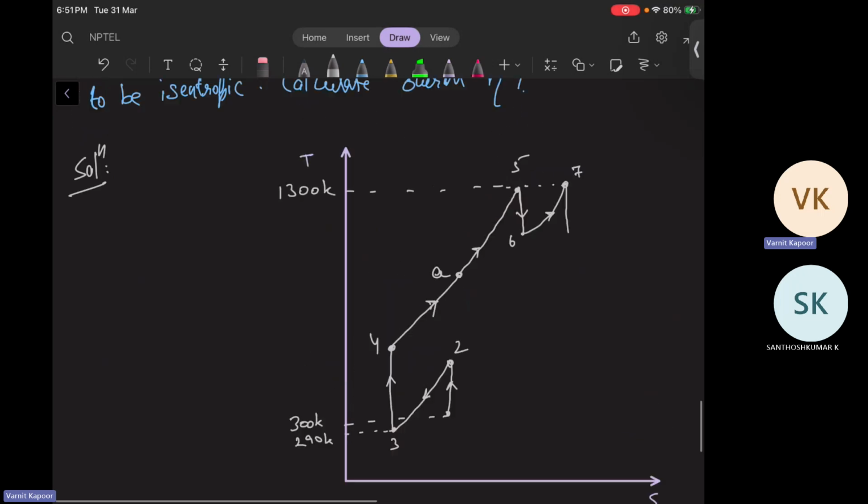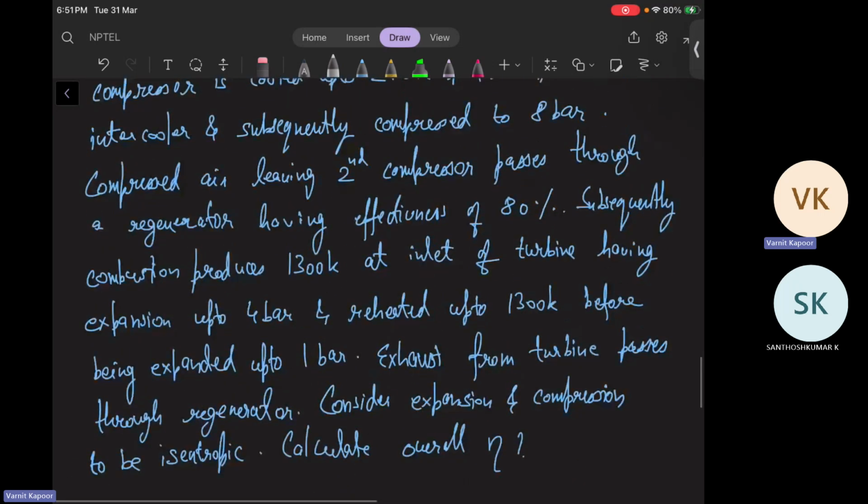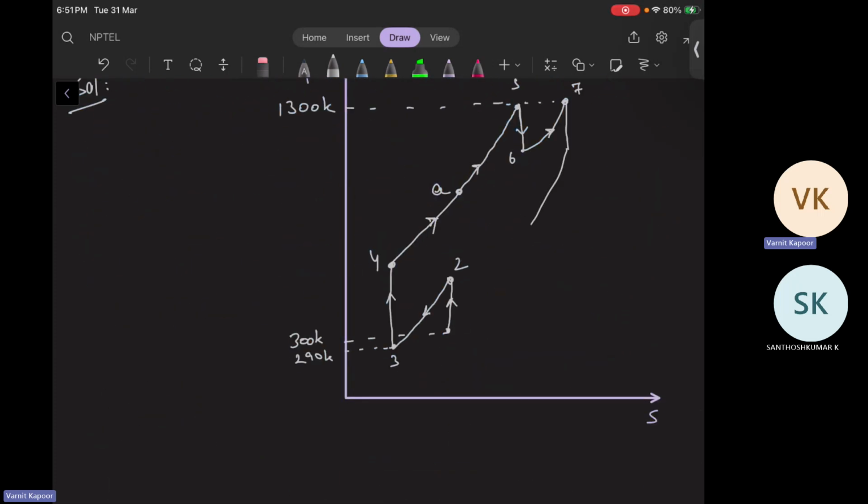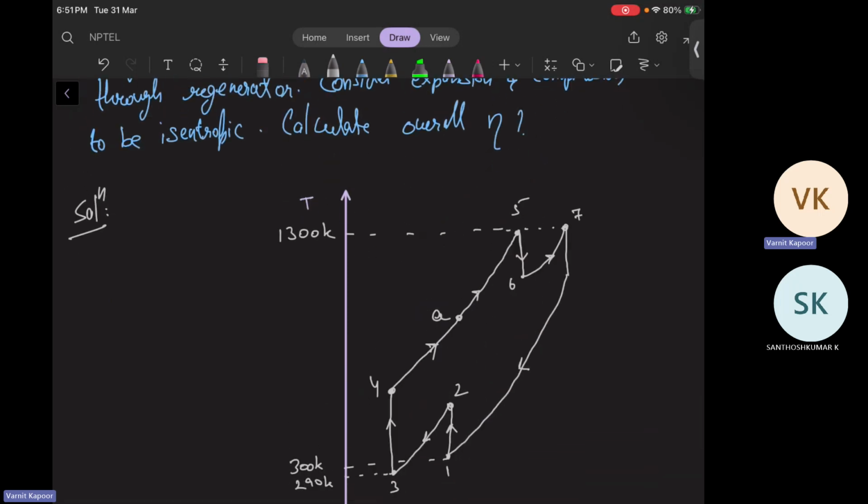Okay, we don't know what its temperature is, so we can't say it has perfect reheating as well. We just know four conditions should be satisfied. And then finally it is expanded through the second turbine, reaching stage 1. Okay, so this is your whole cycle. It looks like this.